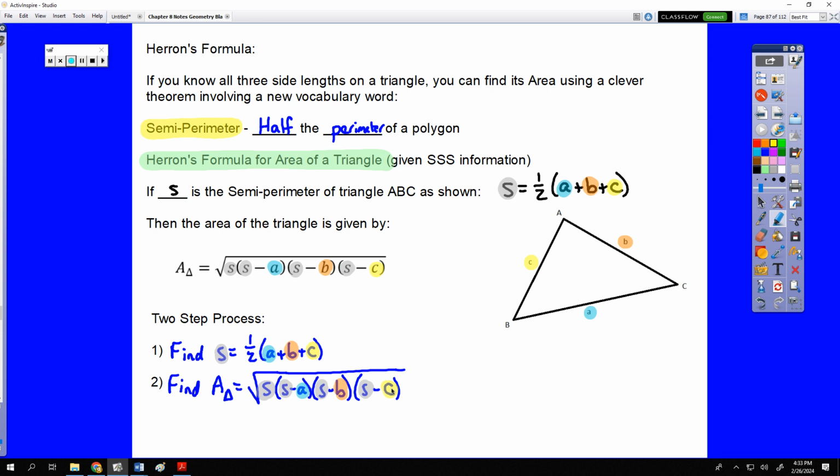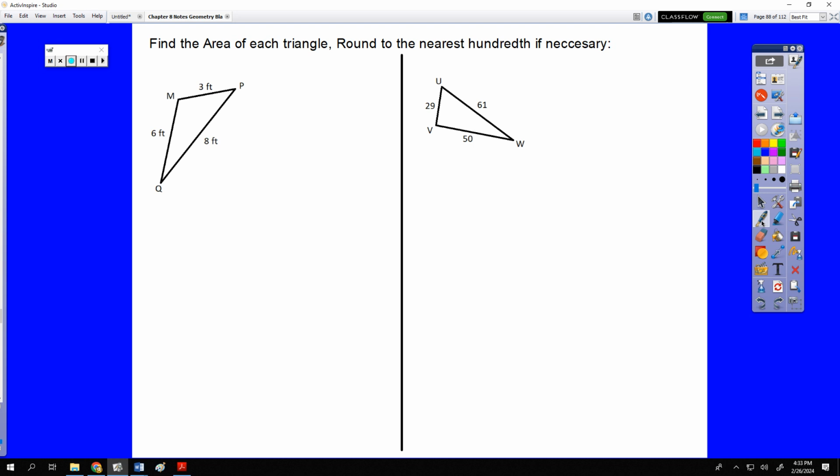Here we go. All right, so first up, we have a triangle QMP, which means 3 would be little q, 8 would be little m, 6 would be little p. Now, if you've watched the previous videos, this picture should look familiar. It was what we used in the last one to find angle M. So step one, we find the semi-perimeter.